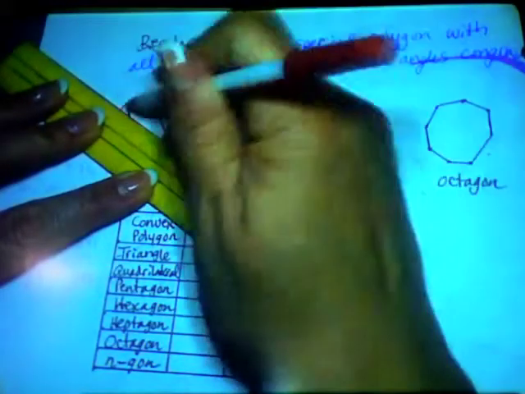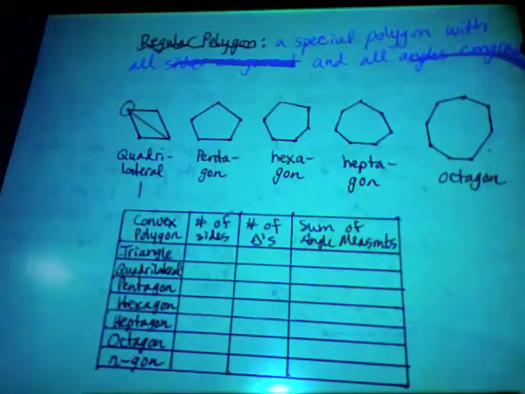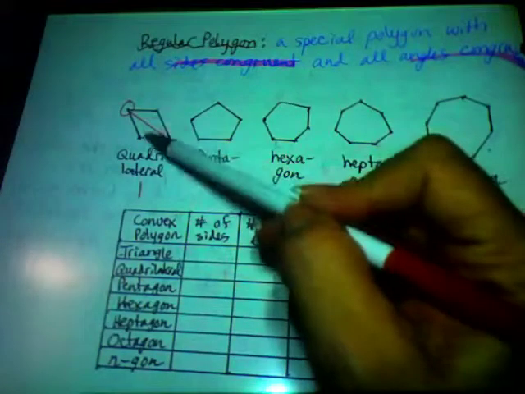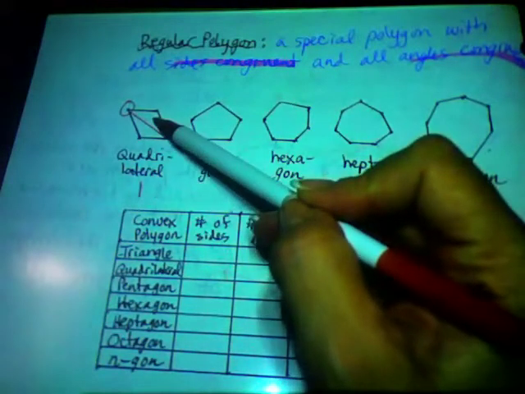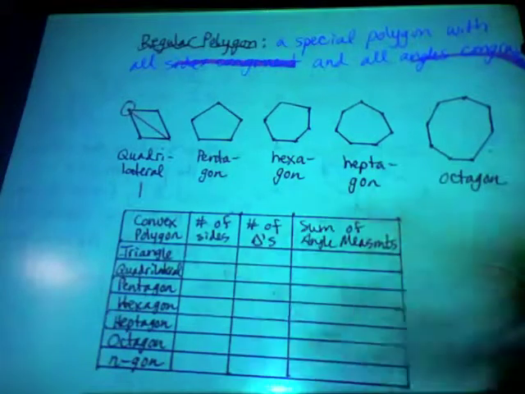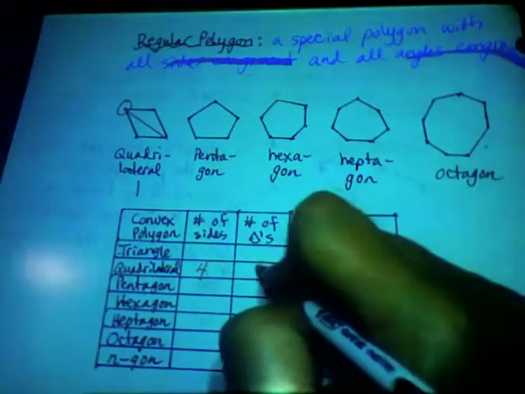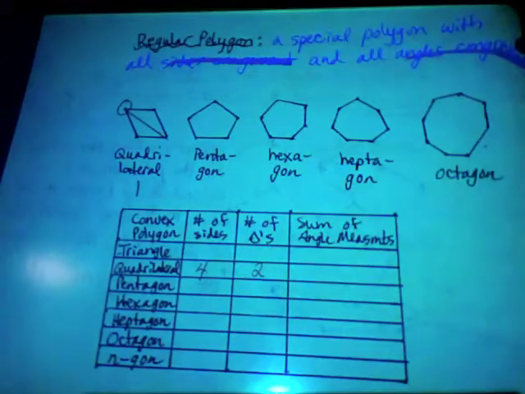Just one. So I can only draw a diagonal from that point to that point. So I can draw one diagonal only. Notice what's created when I draw a diagonal. What do I create inside the polygon? Triangles. So go down to this table here. A quadrilateral has four sides, and we created two triangles with one diagonal.